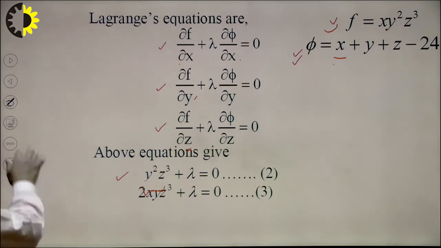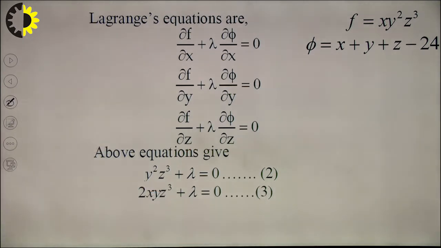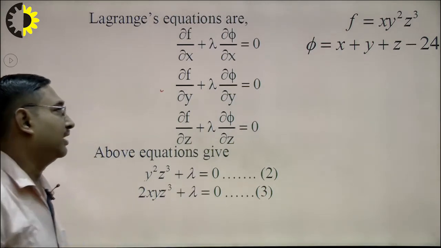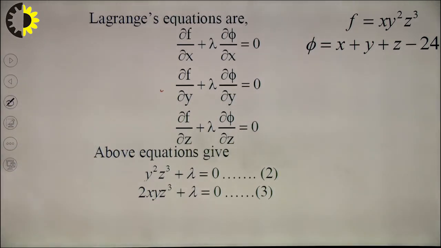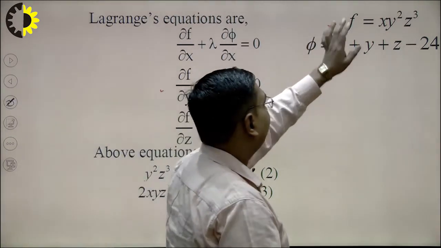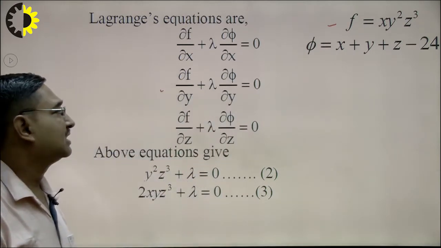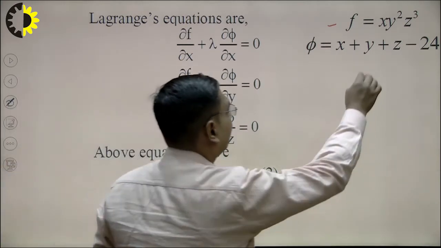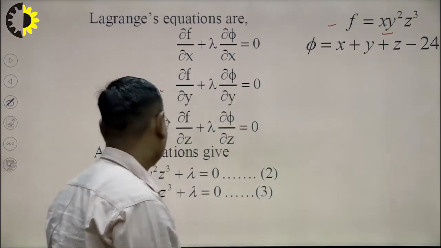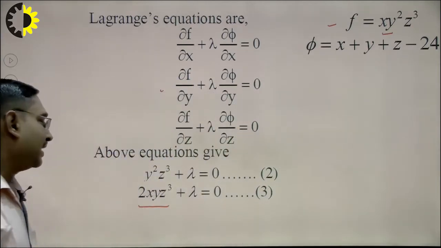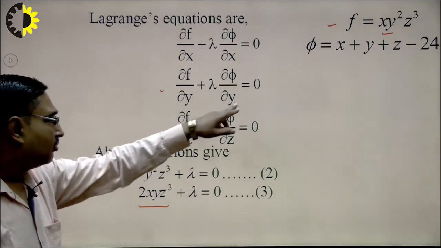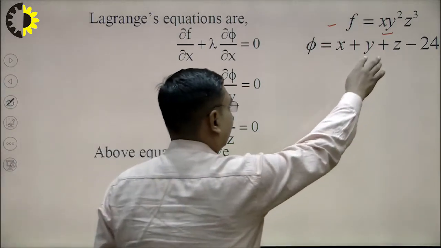Second equation is del f over del y plus lambda del phi over del y. When this f is differentiated partially with respect to y, I shall obtain 2y from y square, so it will become twice x y z cube. Del phi over del y will again become 1.